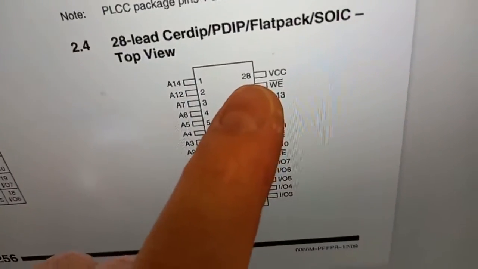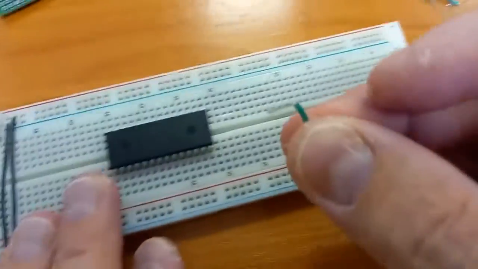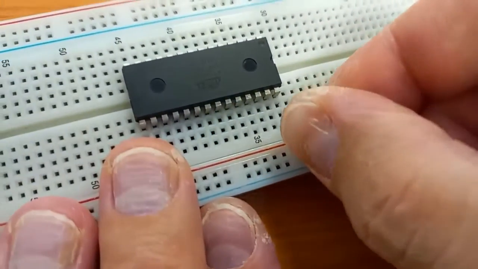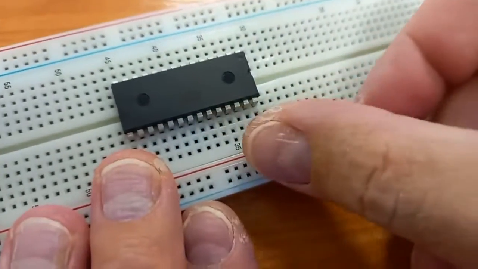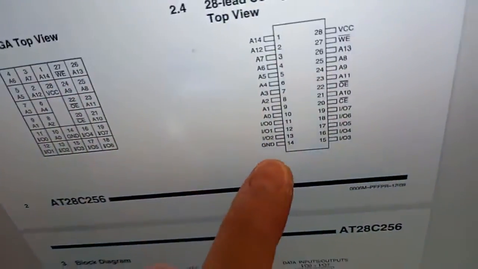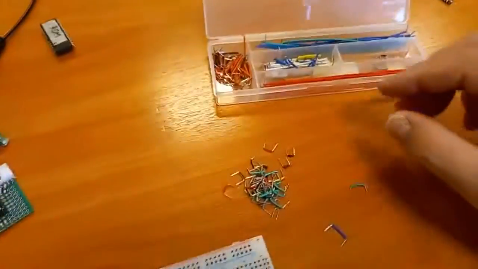Leg number 28 goes to plus, leg number 28 goes to positive, like this. And leg number 14 goes to ground.